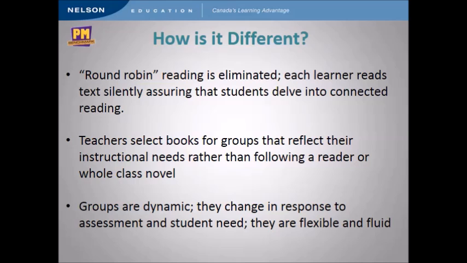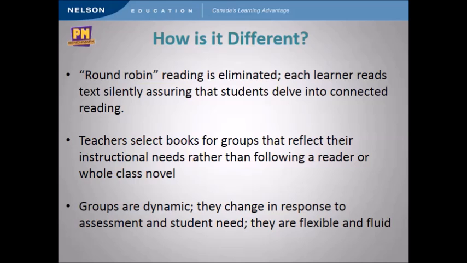What we're saying here is that the groups change depending on what you find out from assessment and what the students need. For instance, I may have a group of students who are reading text at a level 12, and they're all really focused on using visual cues.